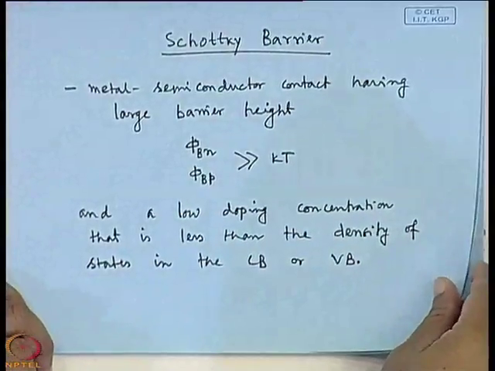Now, the Schottky barrier can be determined. How the Schottky barrier can be determined? It can be determined either by IV measurements or by CV measurements. Both the measurements will yield the barrier height. Barrier height means phi b.